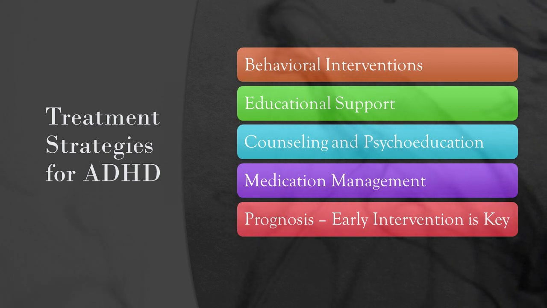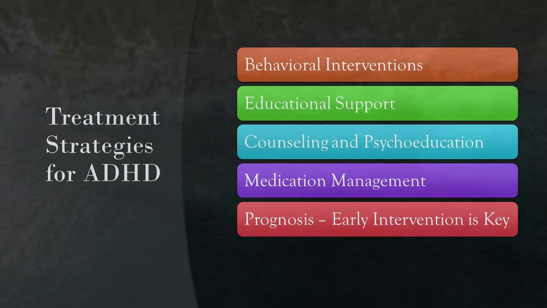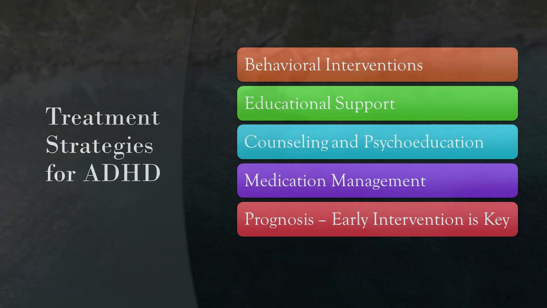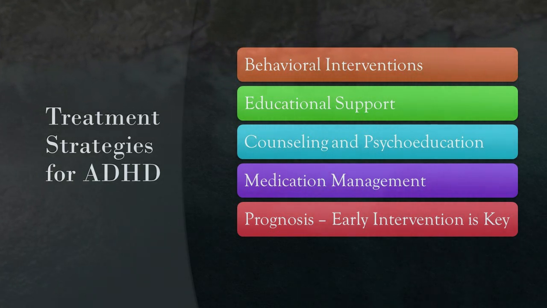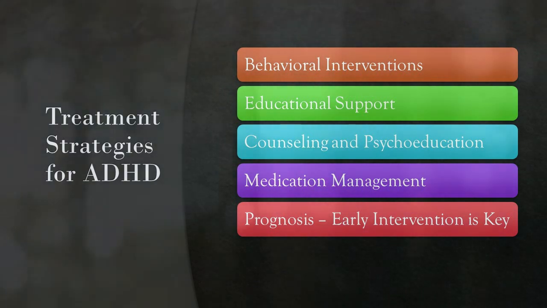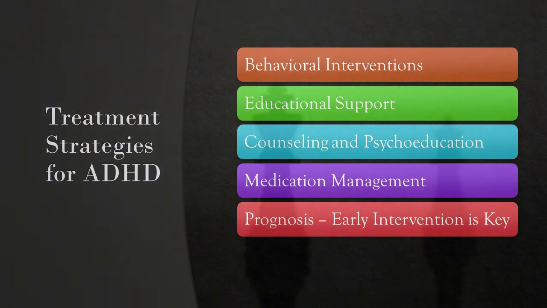Some basic counseling and psychoeducation, both for the family and for the individual, can be helpful for the child to help the child manage the emotional aspects of ADHD, and for the caregiver to deal with the stress and coping, and with both of them to foster some emotional well-being and some resilience.